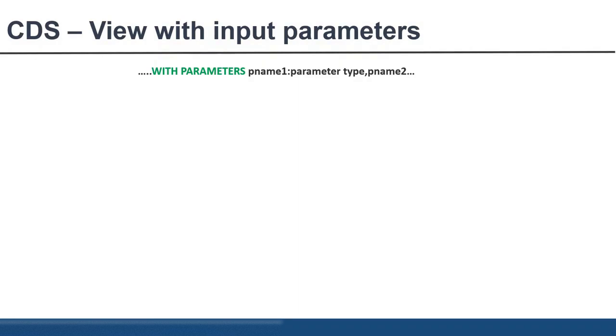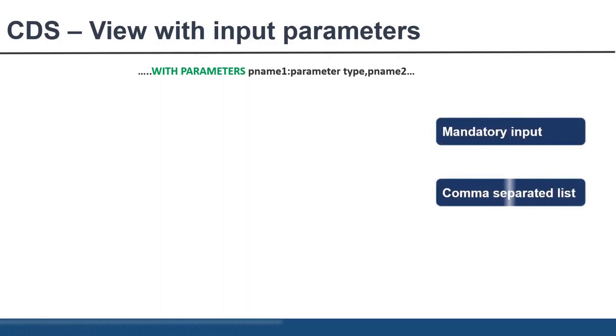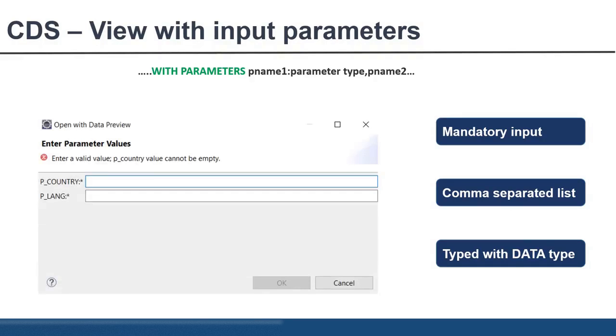If there are multiple parameters, the parameter name, parameter type combinations are separated by comma. All these inputs are mandatory. Here's an example screenshot of a CDS view when executed with data preview, how it looks with the parameter.